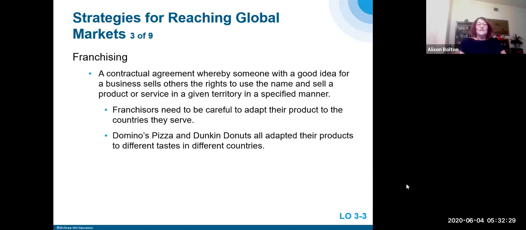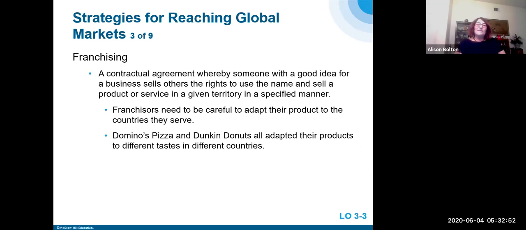And the risk in it is so minimal compared to going into large foreign investments. With franchising, you get educated by the business. Some of them have schools you go to. You just need to know how to adapt your product to the country you're serving.